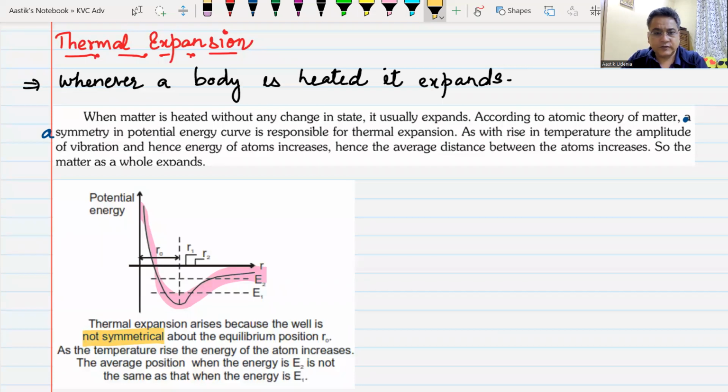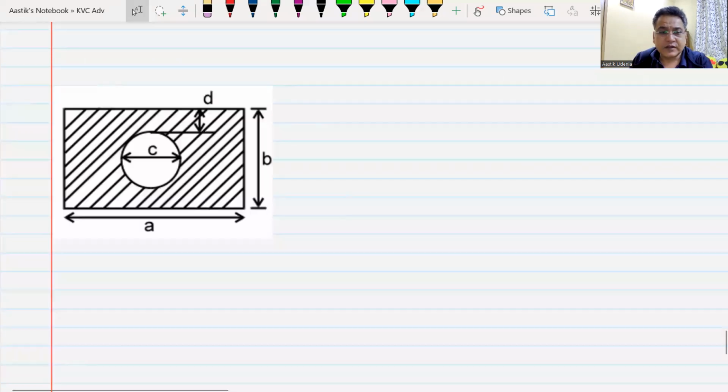Now, let us move ahead and do 2 or 3 very simple things. I've seen them come in exams, so you should not miss them. Suppose you have a body like this, a square plate or a rectangular plate, and then you heat up this rectangular plate.